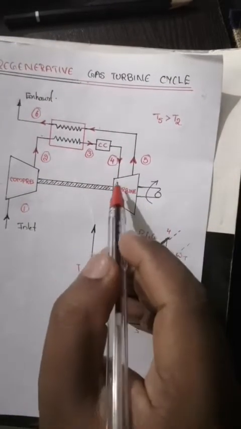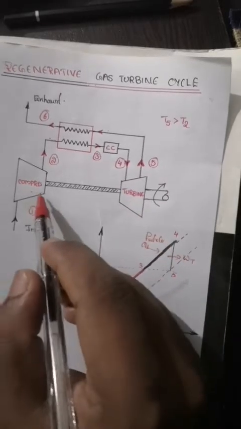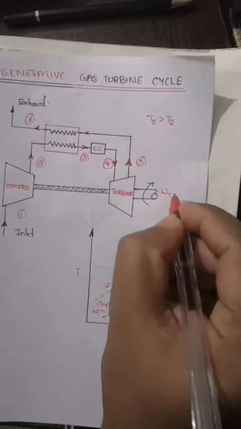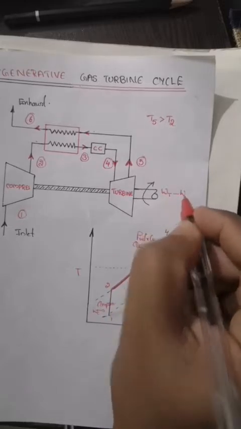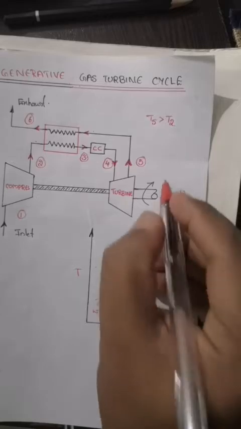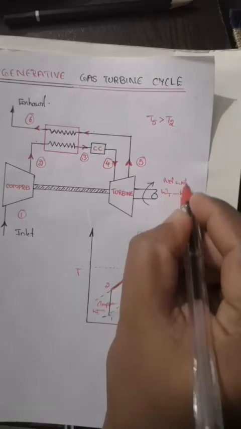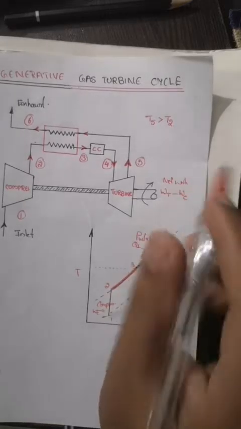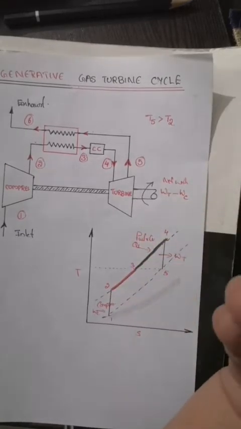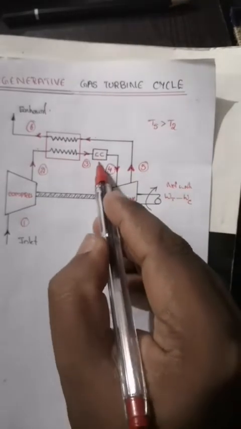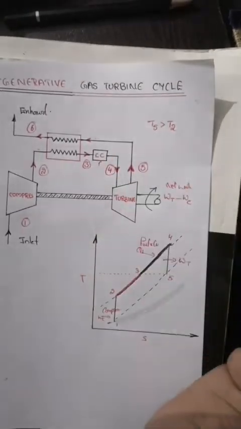That means a part of work produced in the turbine is used to run the compressor, and the remaining part, WT minus WC, will be the net work output from the turbine. That is the useful work we are getting. The amount of heat energy we supplied to produce this will be the heat energy supplied between the process 3 and 4.